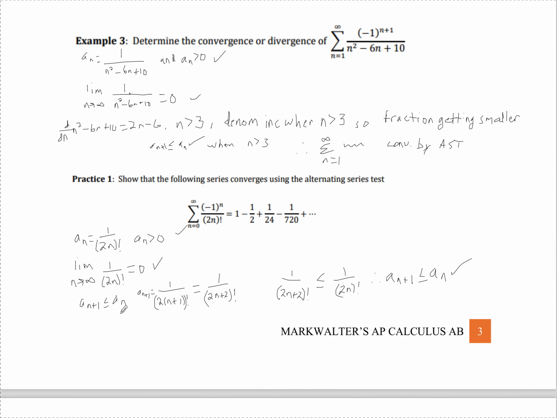And then I can say that my series converges by the alternating series test. You would write out alternating series test. Again, you need to show these things, right? We've seen on some of our FRQs you have to show your conditions.